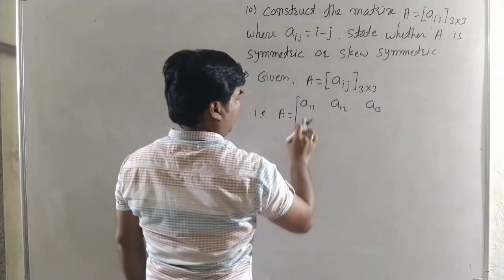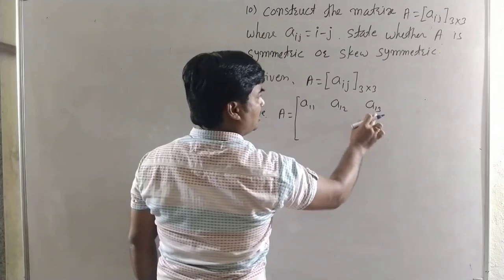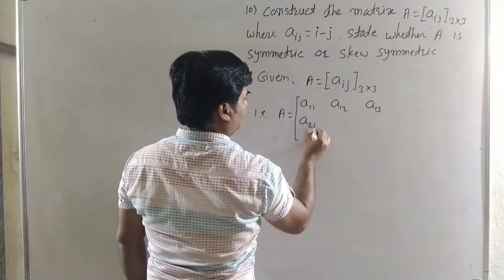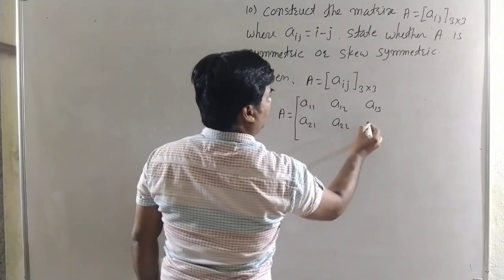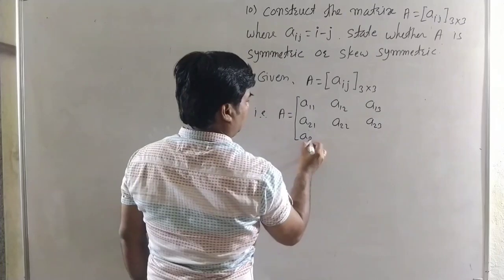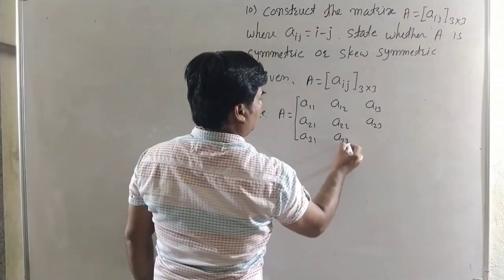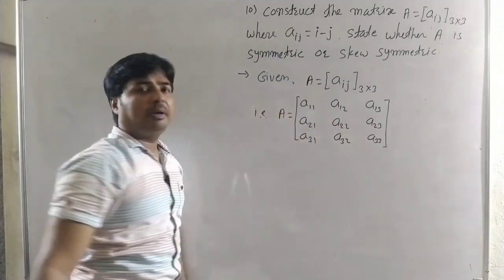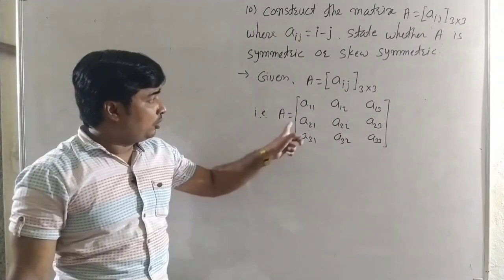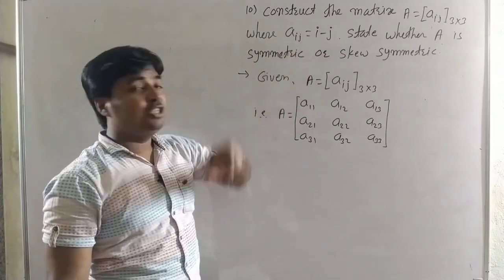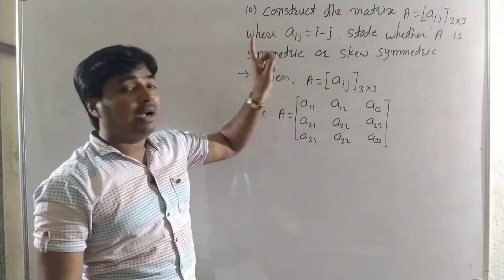First row, first column; first row, second column; first row, third column. Then second row, first column; second row, second column; second row, third column. Then third row, first column; third row, second column; third row, third column. That is our given matrix. But for finding each element, there is a condition: aij is equal to i minus j.